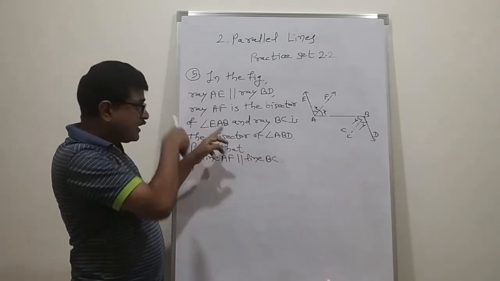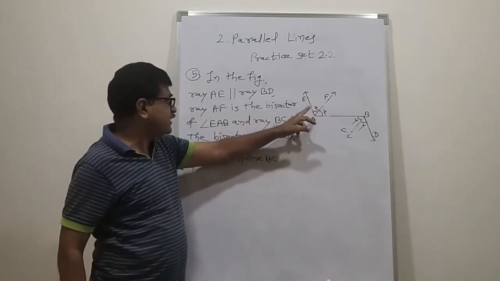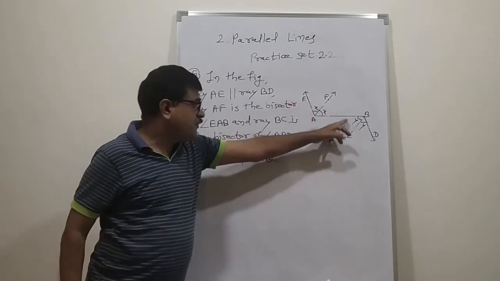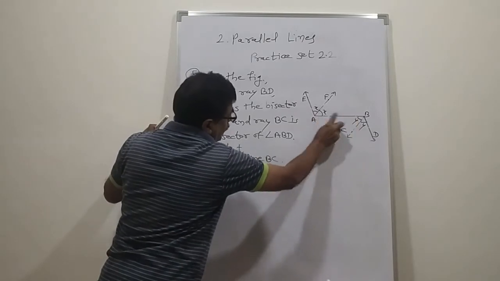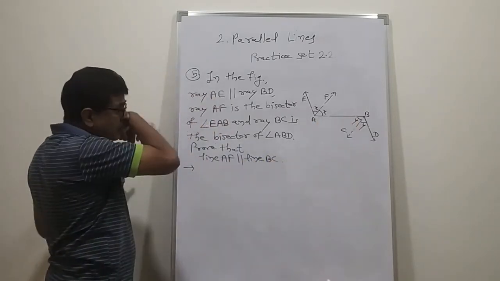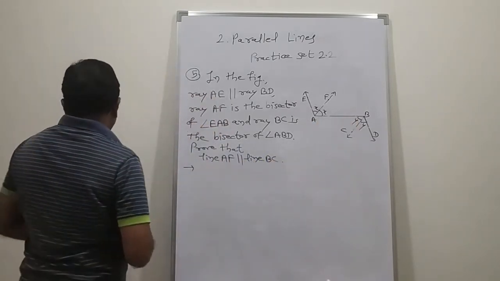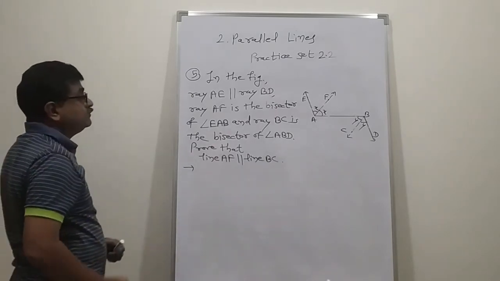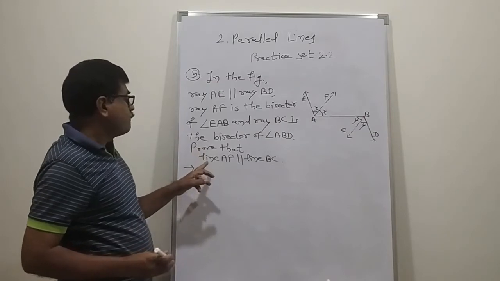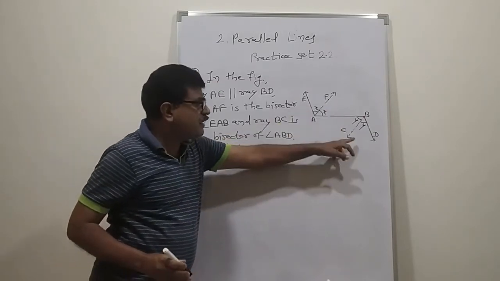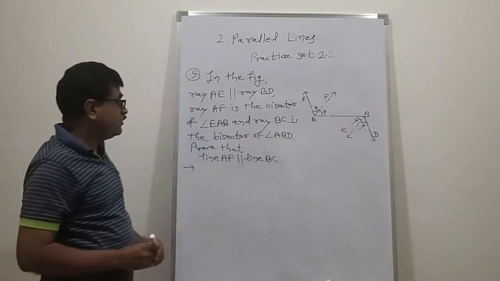Ray AF is the bisector of angle EAB, and ray BC is the bisector of angle ABD. We have to prove that line AF is parallel to line BC.